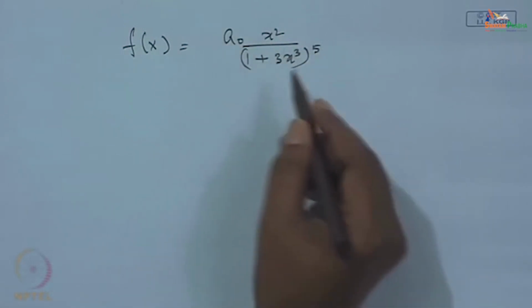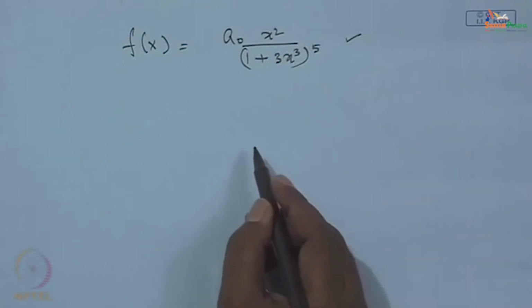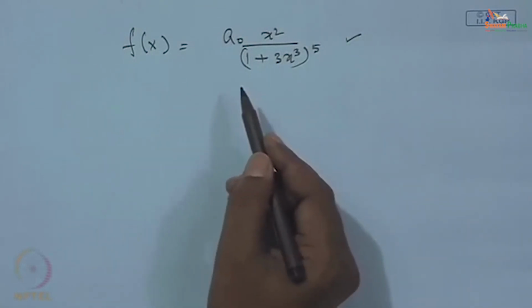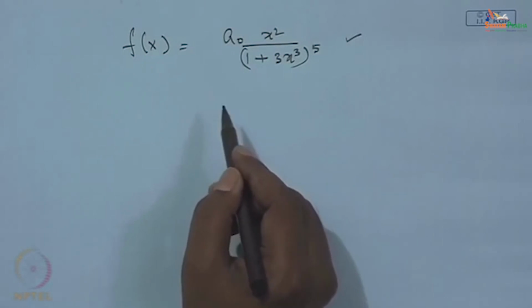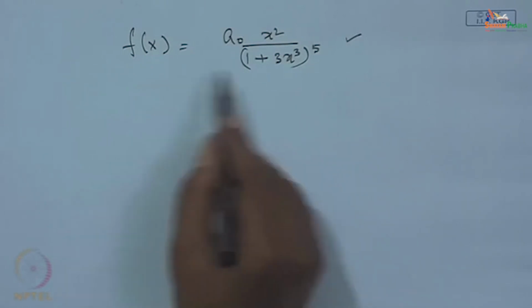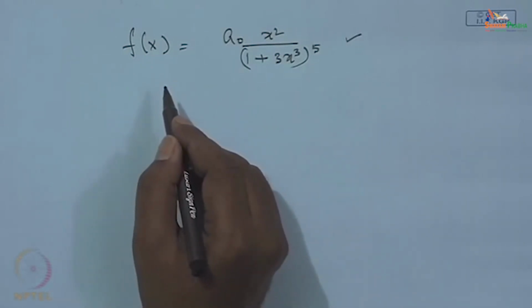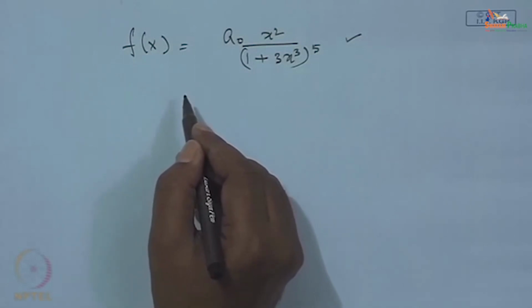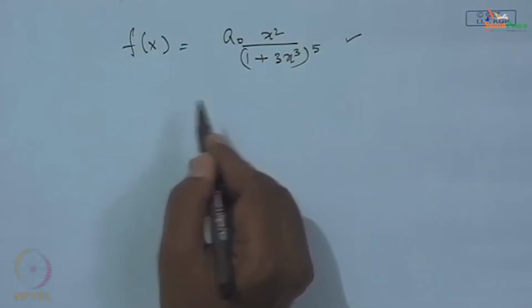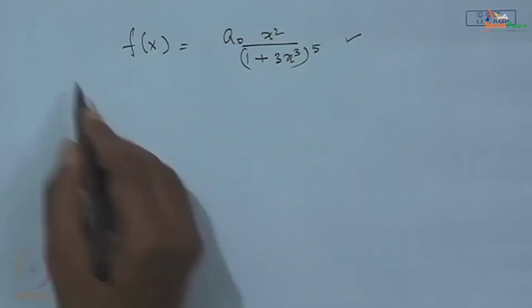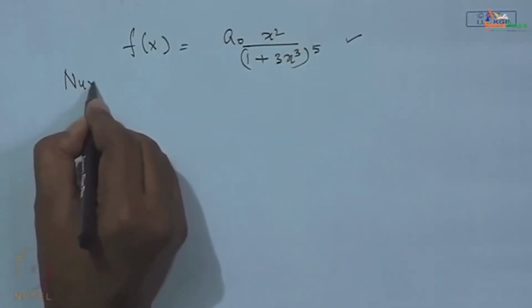If it is a complicated function like this, one cannot do the integration by parts, one has to do a numerical integration to evaluate the integral from 0 to 1 of f(x) sin n pi x dx. That integration has to be evaluated numerically in one step.